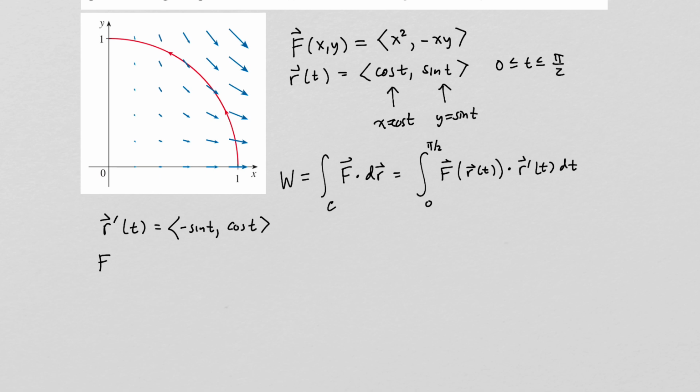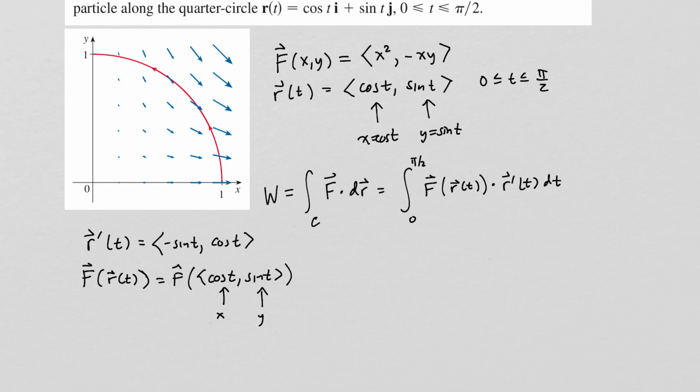And then f of r of t is f of, so I'm going to do this right here, f of r of t, which is cosine of t, sine of t. That just means we're going to let x equal cosine of t and y equal sine of t. Now, f is right here. F of x, y is x squared.